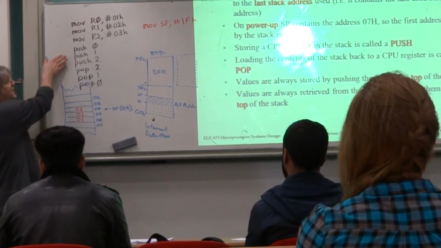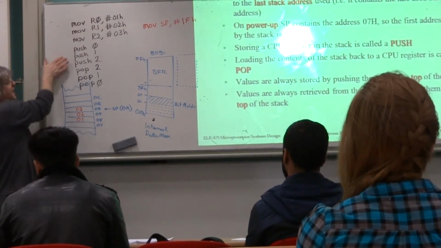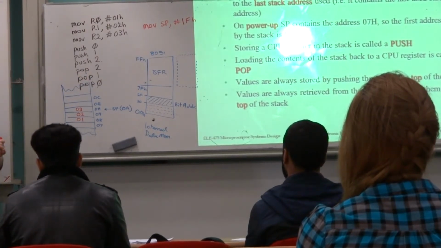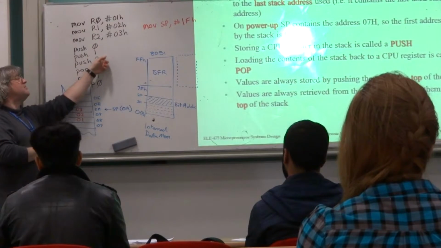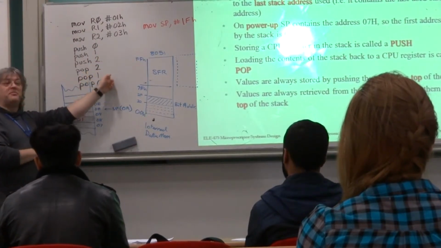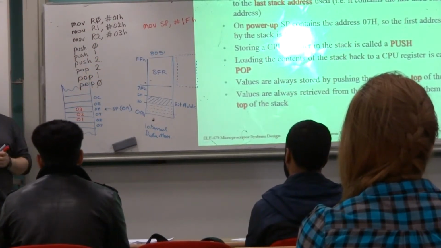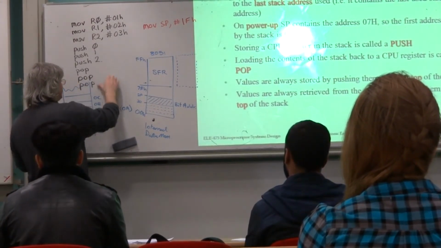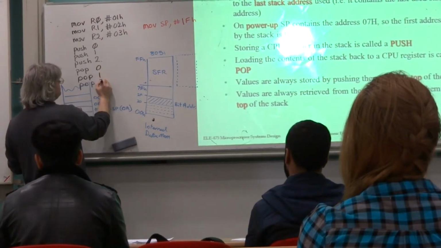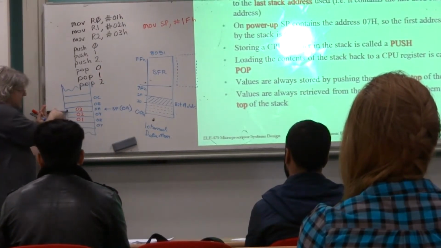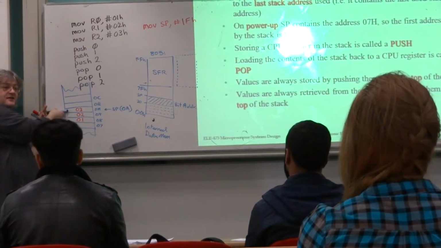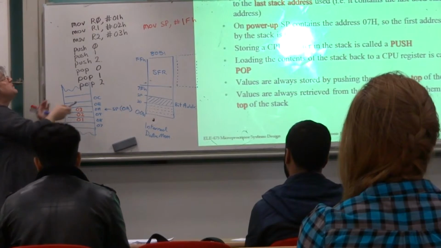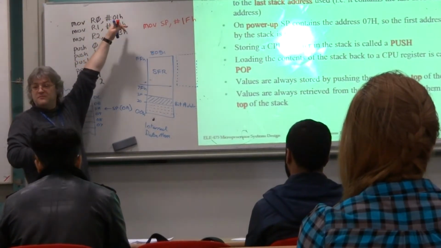What I'm doing here is writing to the stack a sequence of values and then popping them back out and sticking them back where they came from. It absolutely matters that if this is the order you push them in, you have to pop them in reverse order. Otherwise the data will be delivered to the wrong places. So if you were to make the mistake of doing this, given that the stack is currently pointing here, when you pop 0, it'll be 03 that will be written back to R0, which actually wasn't the same value as it was before.